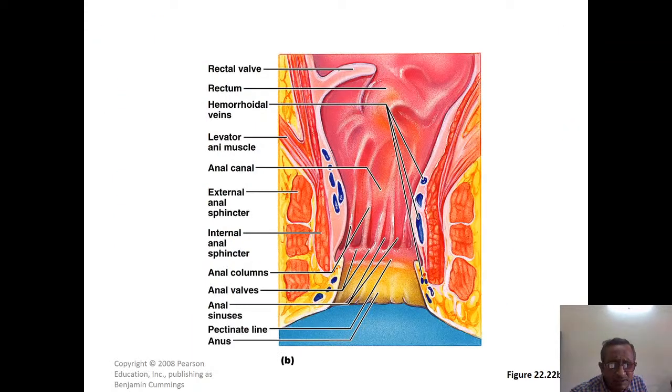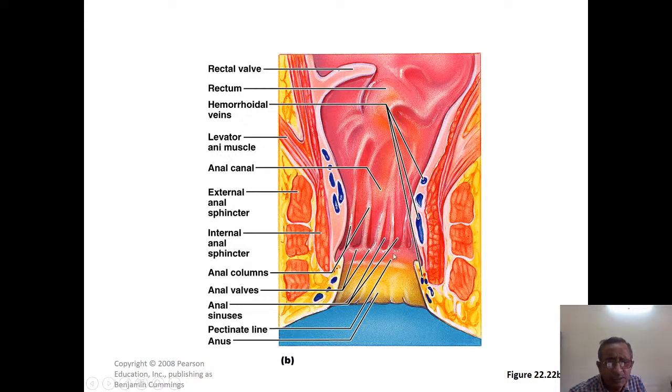So here, this is the pectinate line and this is the Hilton's line. In between we have an area of stratified squamous epithelium, and this is the skin, the anus covered by skin. This is the upper part of the anal canal, covered by columnar epithelium, where we see the columns of Morgagni and the anal valves.